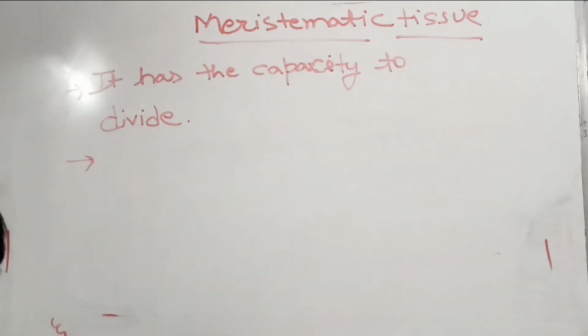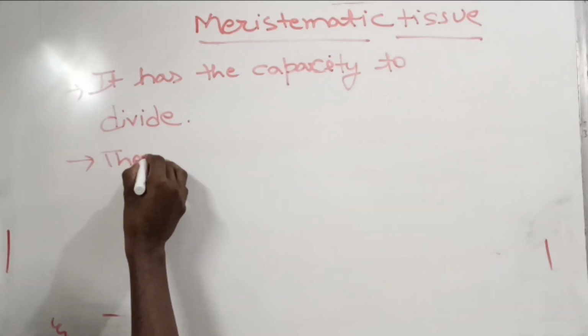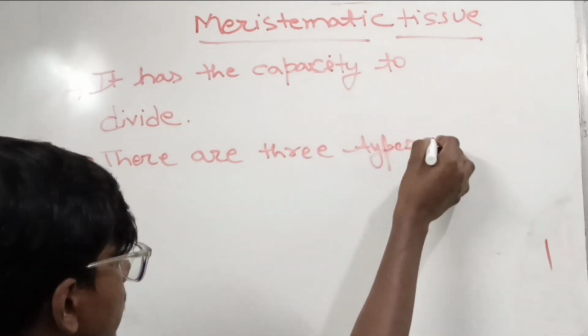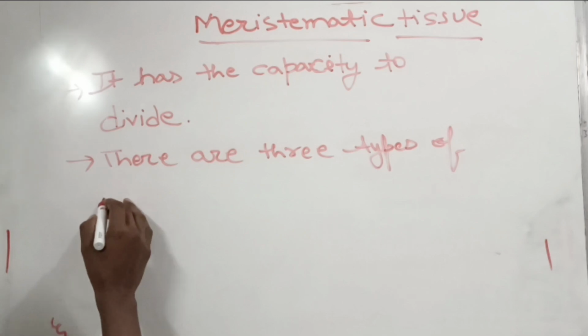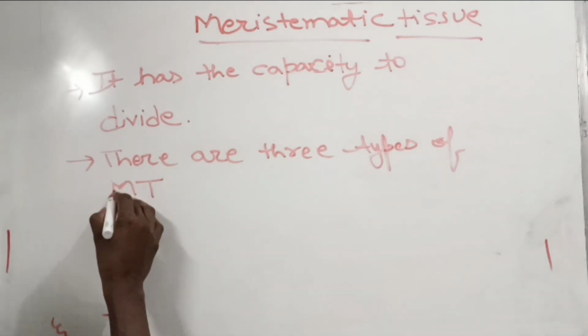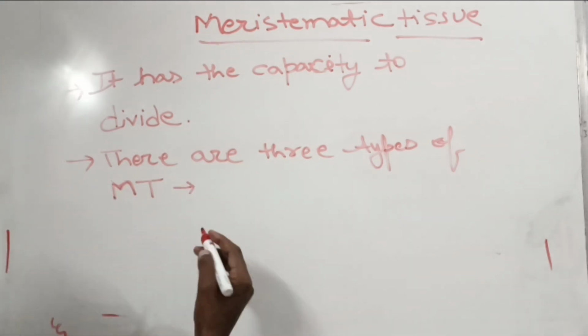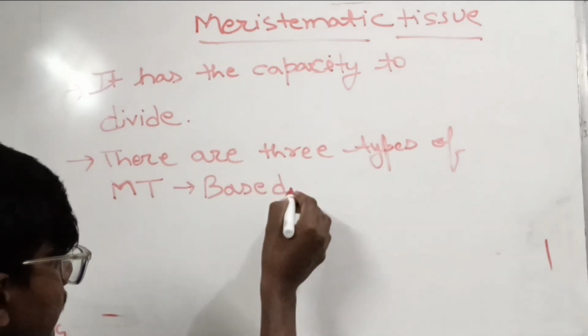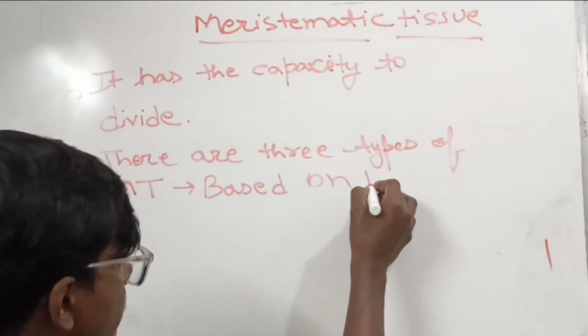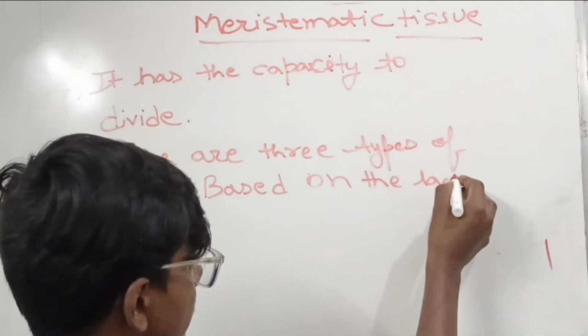Second, for meristematic tissue, there are three types of meristematic tissue. For meristematic tissue I am writing MT, capital M, capital T. Based on location, where these three types are found, on that basis it has been divided into three parts.